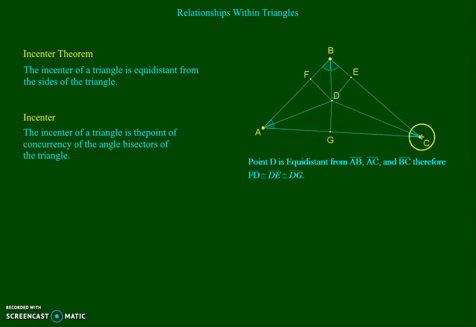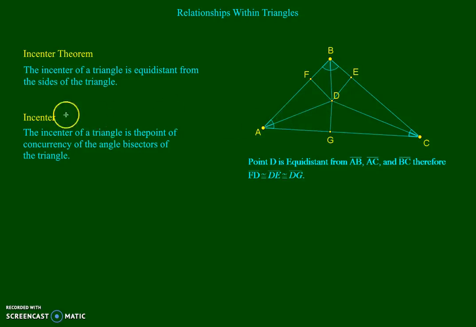Well, if you just eliminate these two vertices, you can see that angle FAG is an angle, and if AD bisects FAG, then clearly that point must be equidistant from this side as it is from this side, making FD congruent to DG. When we throw in the rest of the triangle, this has to be equidistant to this, and if this is congruent to this, all three of these have to be congruent. So that's where this theorem comes from.